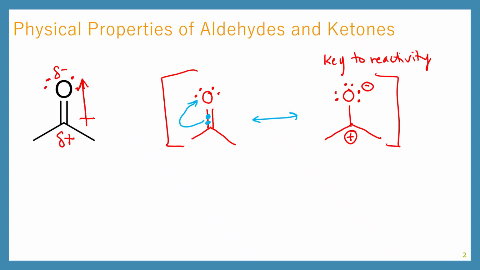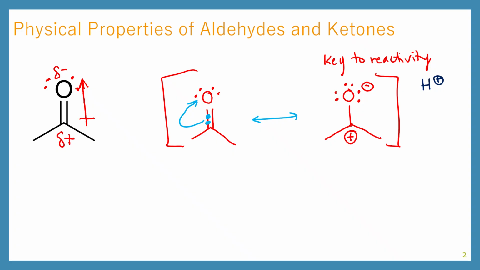The fact that we have this polarization and that the carbonyl carbon is partially positive and the oxygen is partially negative tells us what will happen when we add in different types of reagents. For example, if I were to add in an acid, say H+, to this molecule, where would you expect the H+ to go?